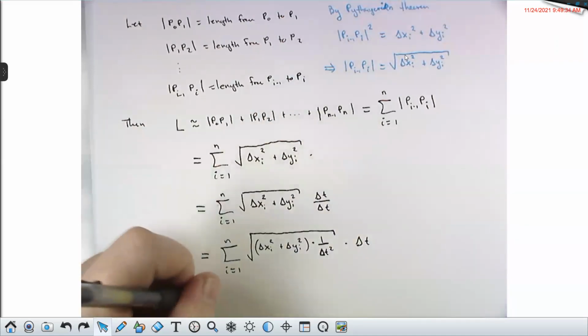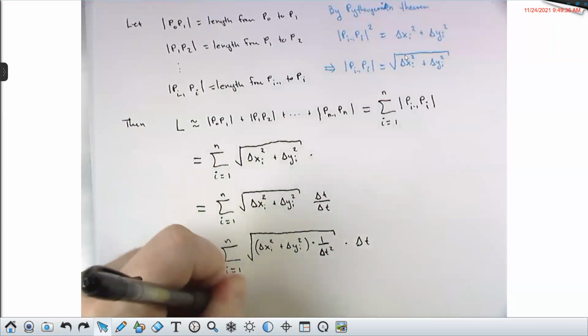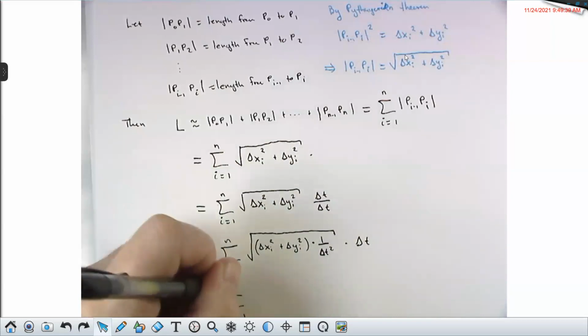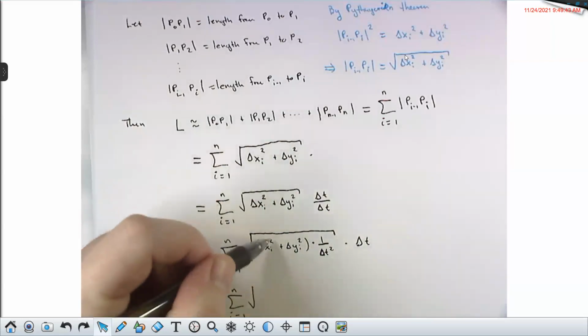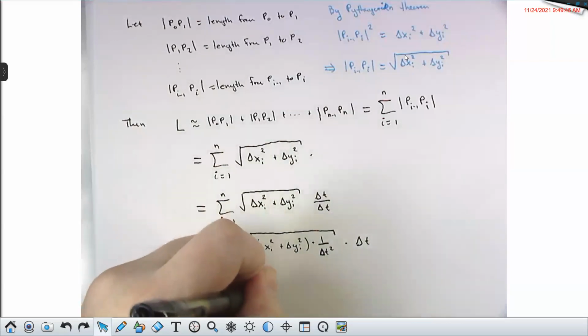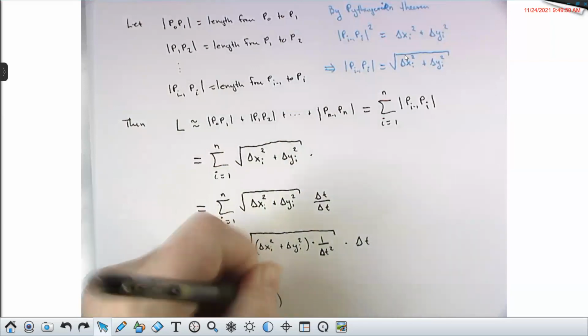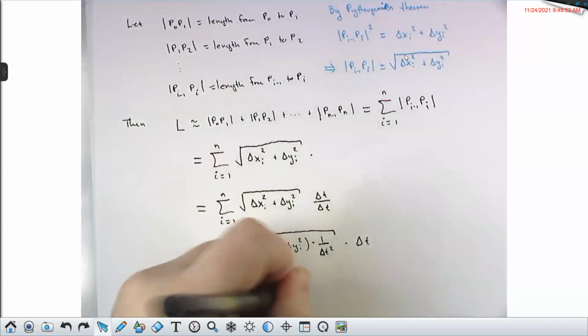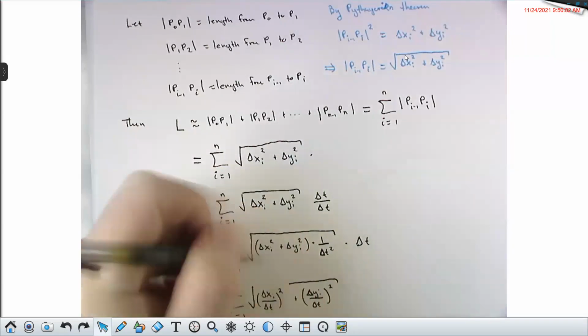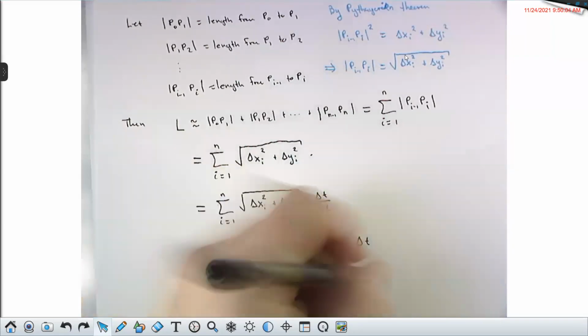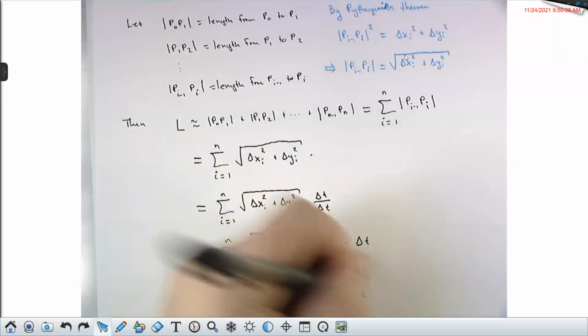Then distributing, we get sigma i from 1 to n square root of delta xi squared over delta t squared, which is delta xi over delta t all squared, plus delta yi over delta t all squared, with a delta t outside.